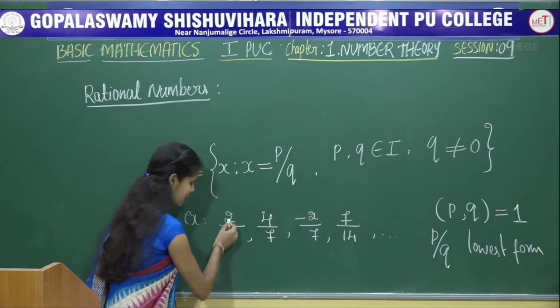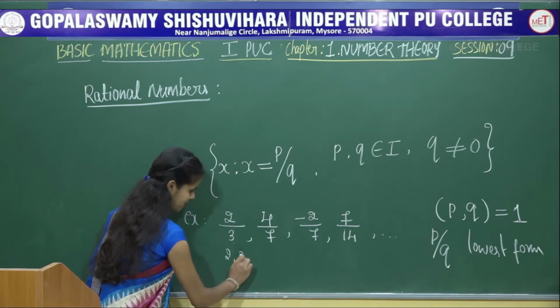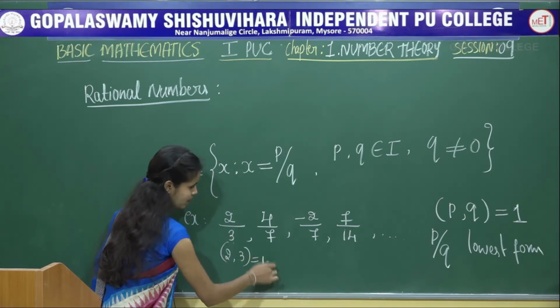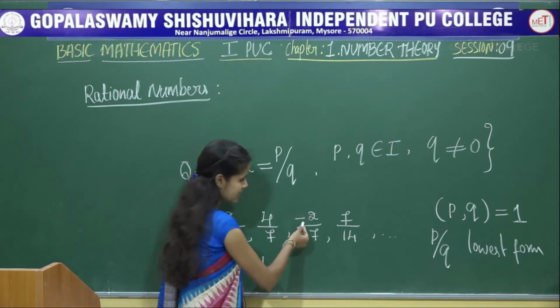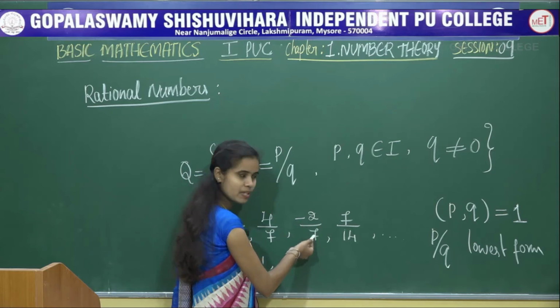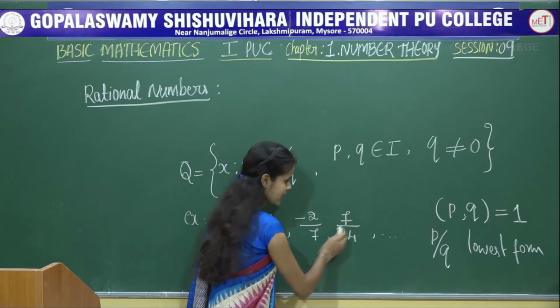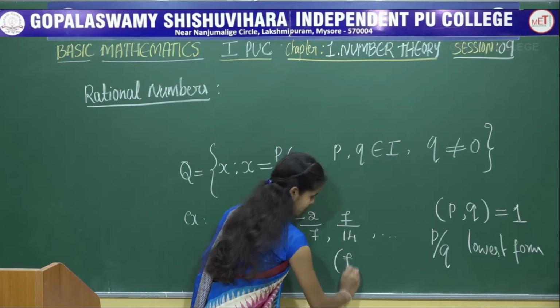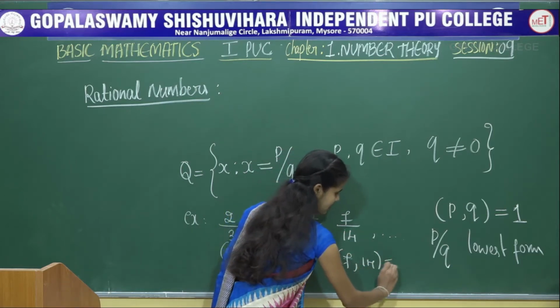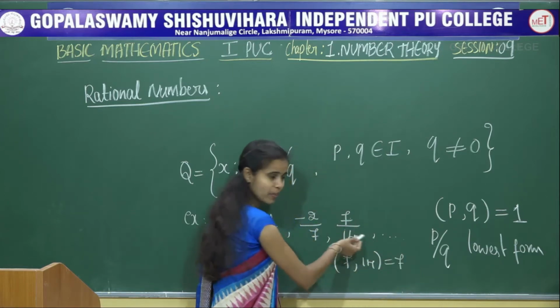For example, here observe, GCD for 2 and 3 is equal to 1. GCD for 4 and 7 is also 1. GCD for minus 2 and 7 is also 1. But GCD for 7 and 14 is 7, since both are divisible by 7.